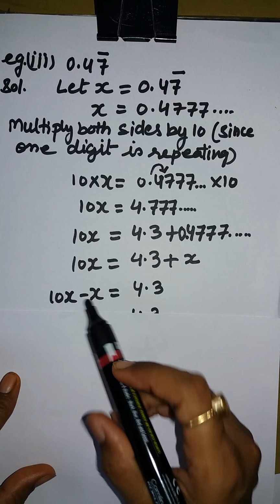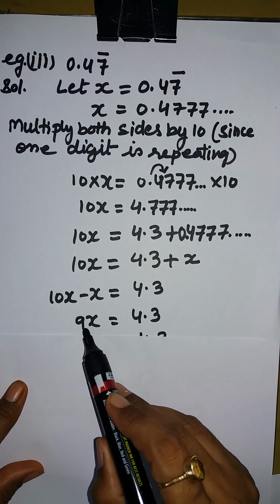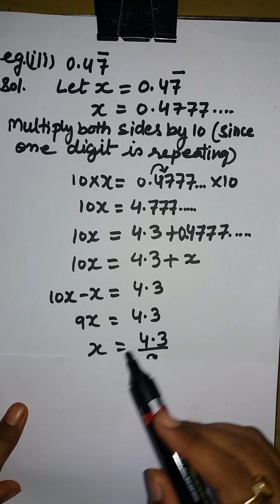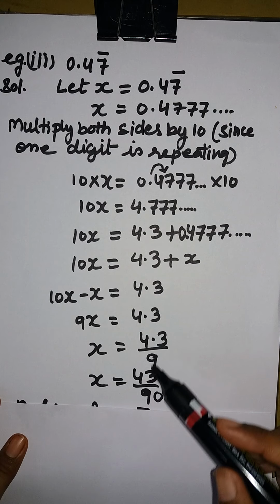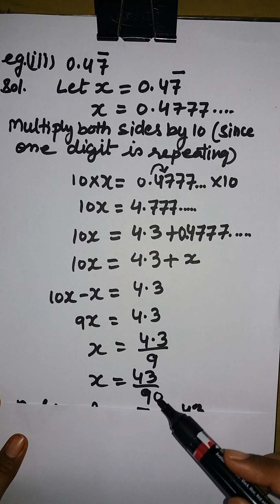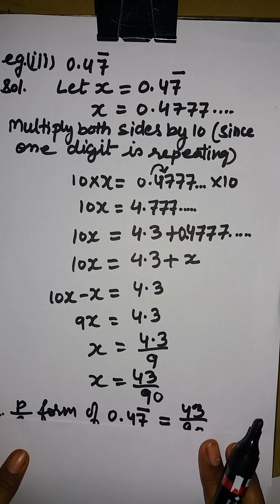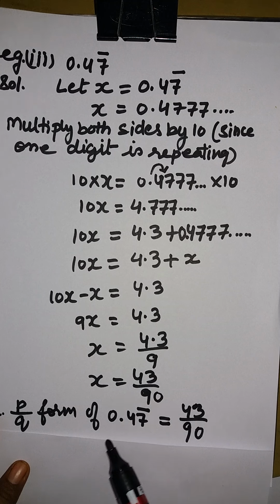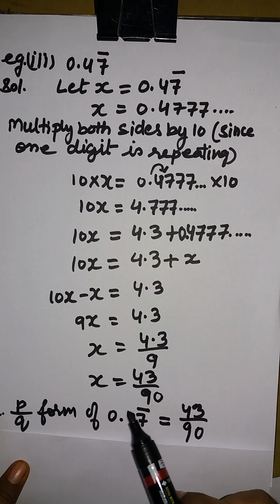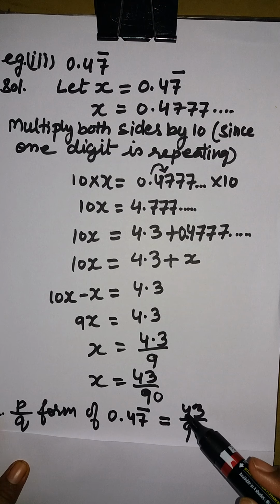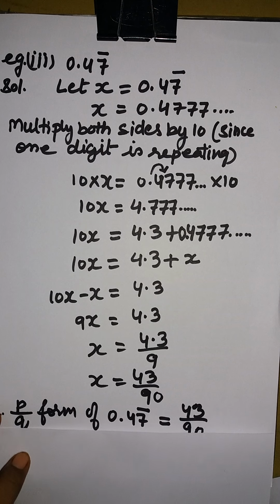Transposing this x to the left side and solving it, we get 9x equals 4.3, so x equals 4.3 by 9. Removing the decimal from this 4.3, we get 43 upon 90. And this is the p by q form of 0.47 with a bar over the 7, which equals 43 by 90. So here we conclude this topic.